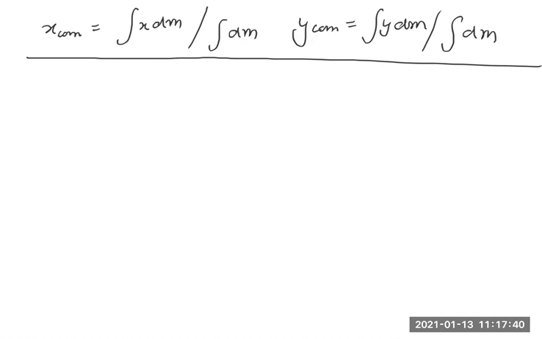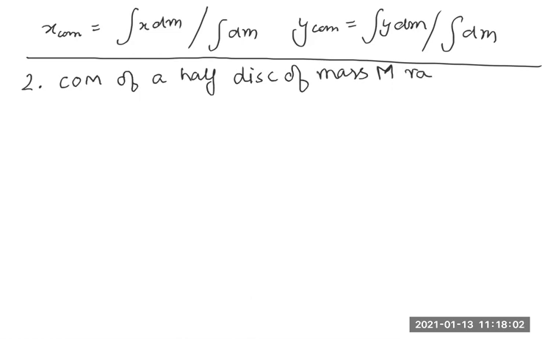But in either case, the result has to be remembered. So number two is the center of mass of a half disk of mass m, radius r.